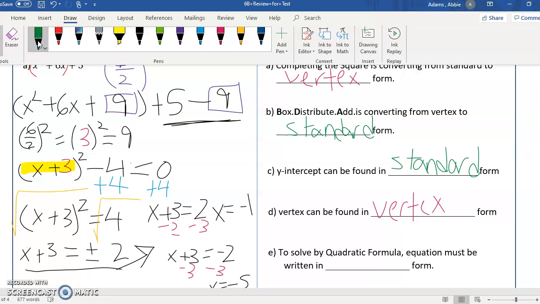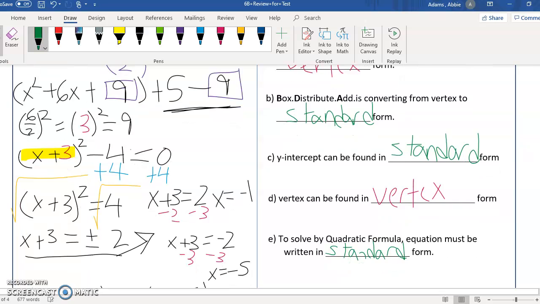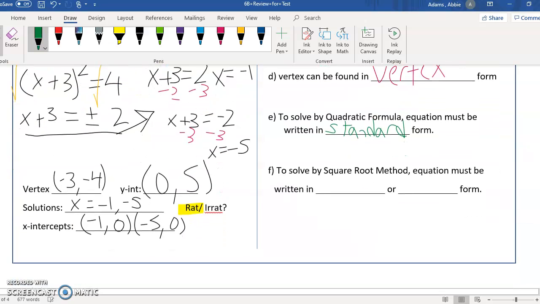You need those a, b, and c values, so that's standard form. Let's see here. And to solve by the square root method, your equations can be in either standard form, but it has to be a modified standard form, so it cannot have a b term, or it can be in vertex form.